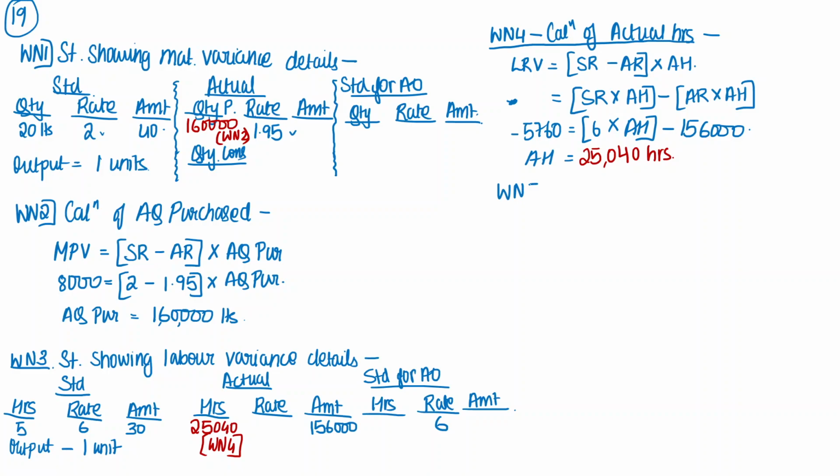Next, working note 5. I don't know what we'll get. Let's see. Labor efficiency variance. Rate we can find out. Labor efficiency variance is equal to standard hours minus actual hours into the standard rate. LEV is given to us as 2760. So 2760 is equal to standard hours, how many?